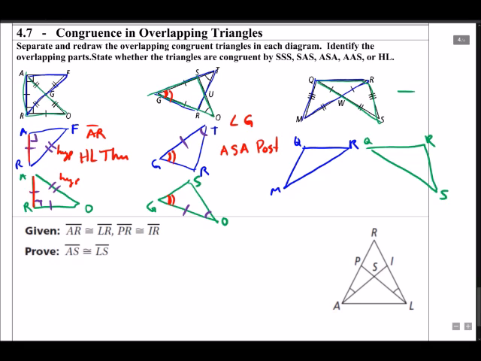Segment QR, common to both. Actually, that one's going to need 4 of those. 2, 3, 4. 2, 3, 4. Because we have lots of other stuff already marked. 1, 2, 3. 1, 2, 3. And then here, our long sides are 2 plus 1, and 2 plus 1.